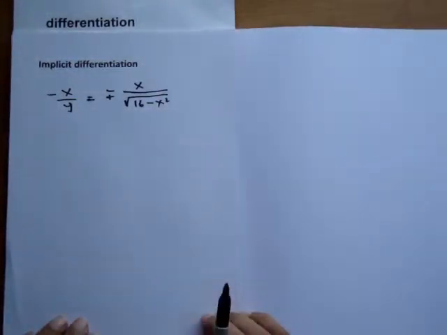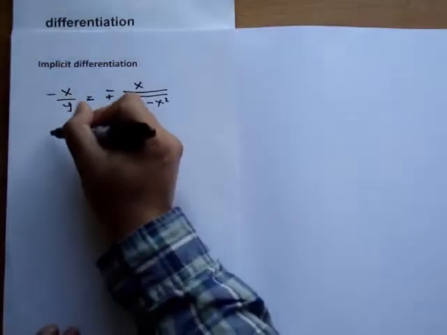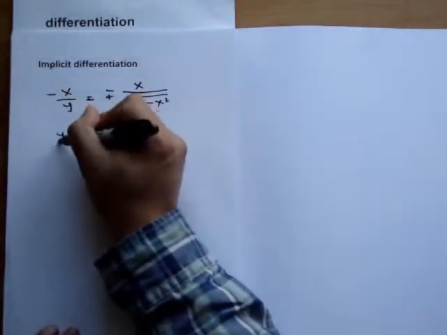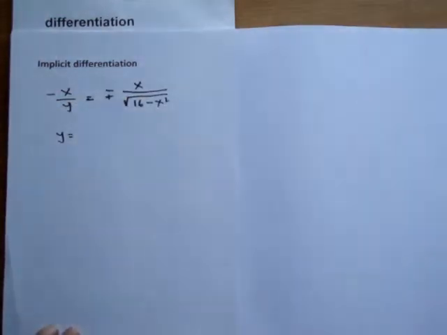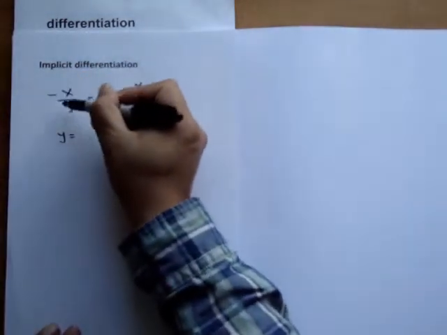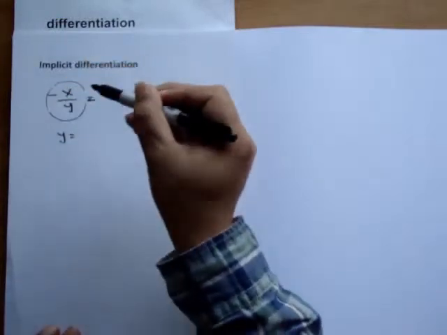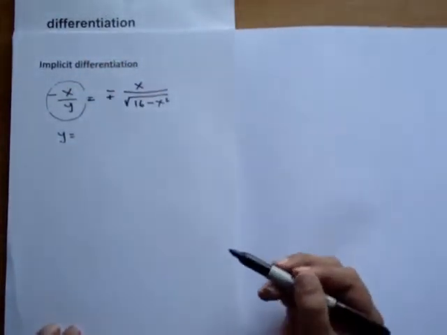Wow, you'll be thinking to yourself, they look totally different, but in fact they are the same. If we look at where we used the normal rules of differentiation, we got y equals, so we're going to substitute y into this and see if we can make it look like that.